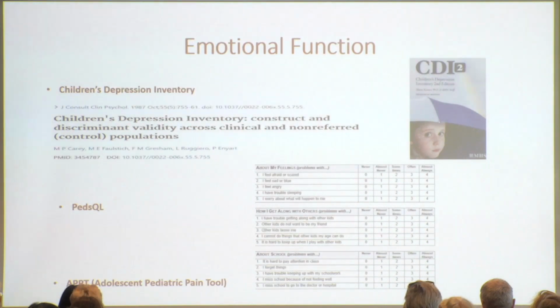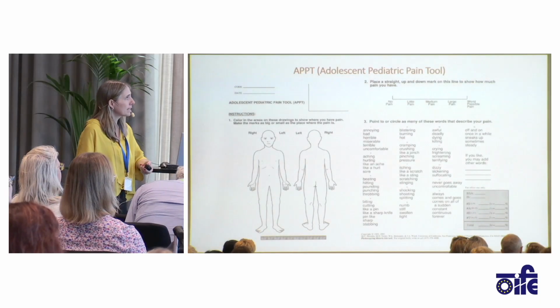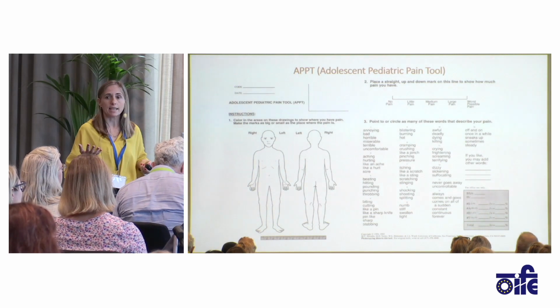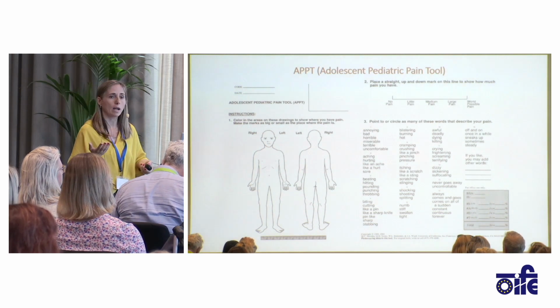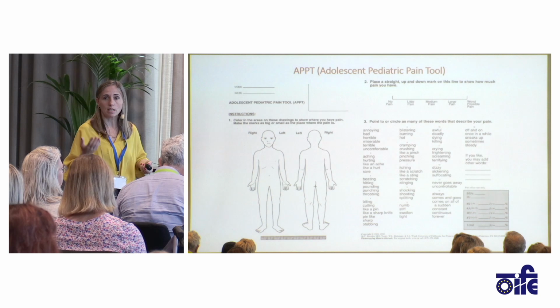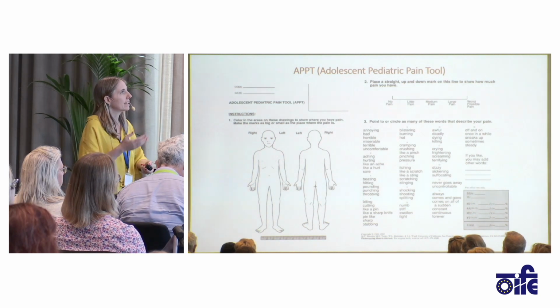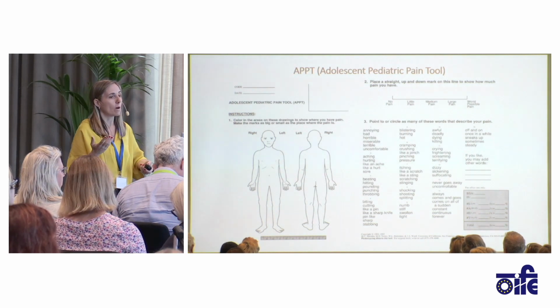And the APPT, the adolescent pediatric pain tool, I will stop a little bit on this one because I think it's a great tool. The APPT, in one page, you can have a lot of information. The idea is that the individual with pain can mark where they have pain, so you can know about the location. It will give you also information about how many sites are affected, and then they have to complete a scale, so you will know about intensity.